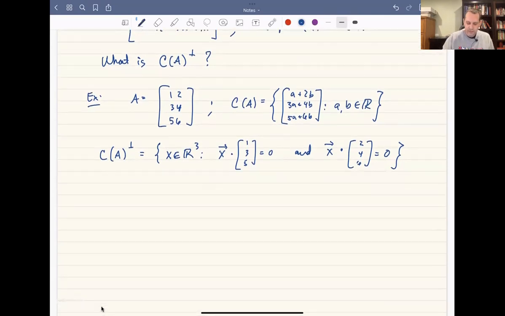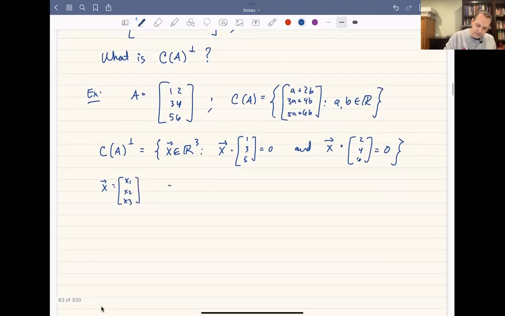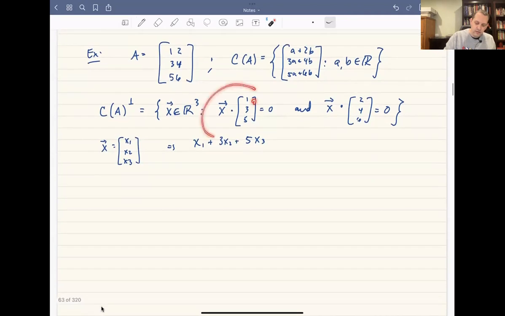And if you actually write out what this is, say x is the matrix x1, x2, x3, or x, y, z, or whatever you want. What this means is that you're going to be solving, lo and behold, it's like there's only one question in all of linear algebra. You're solving a system of linear equations. You're solving x1 times 1 plus x2 times 3 plus x3 times 5. I'm taking the dot product here of x and the vector 1, 3, 5.